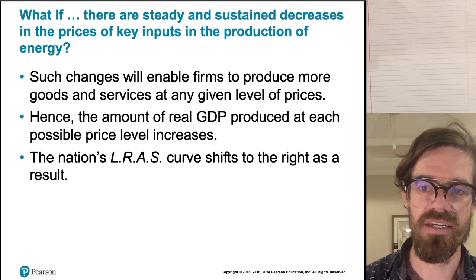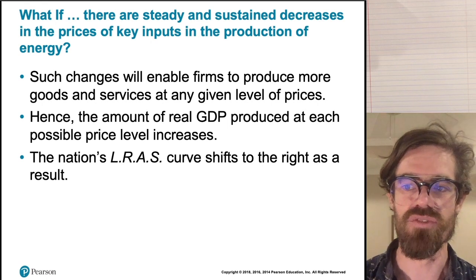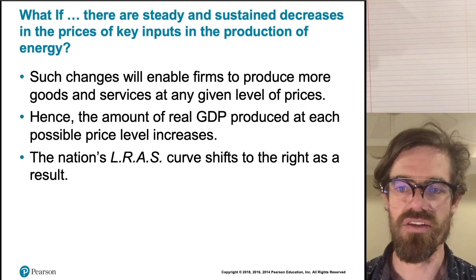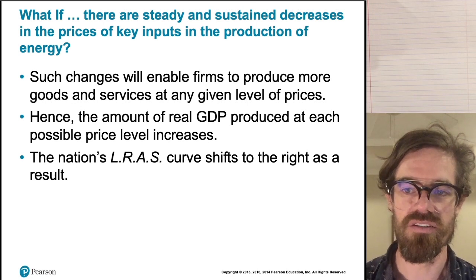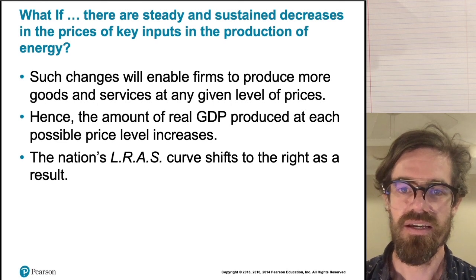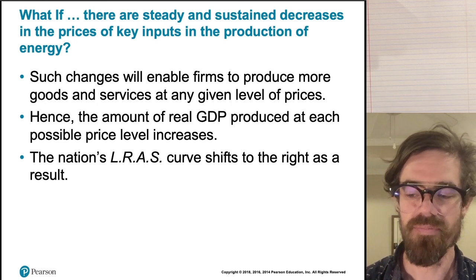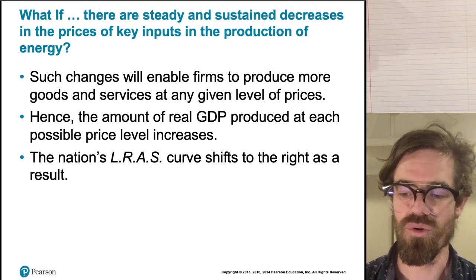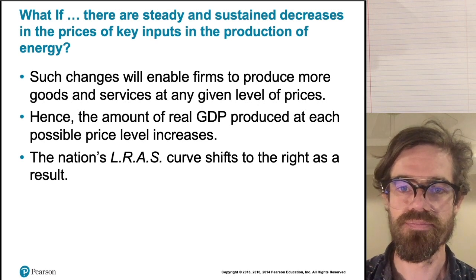And what that also means, therefore, is that the amount of real GDP produced at each possible price level increases, and this is basically economic growth. So the nation's long-run aggregate supply curve shifts to the right as a result of this. So fortunately, we might be experiencing that to some degree with the decrease in oil prices and gas prices right now.